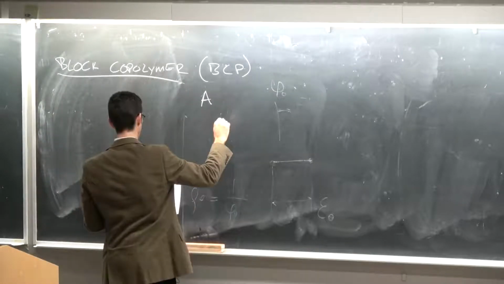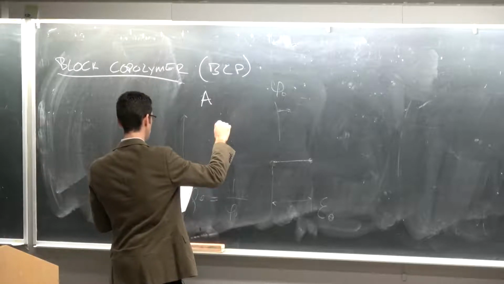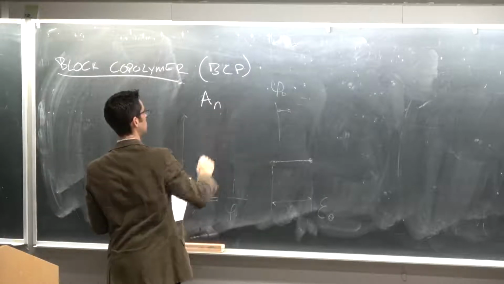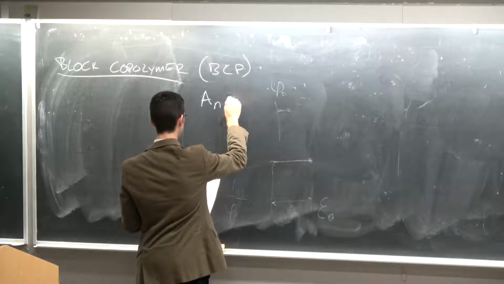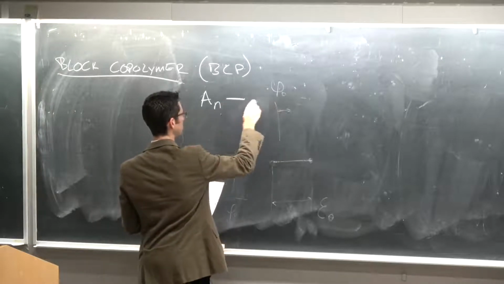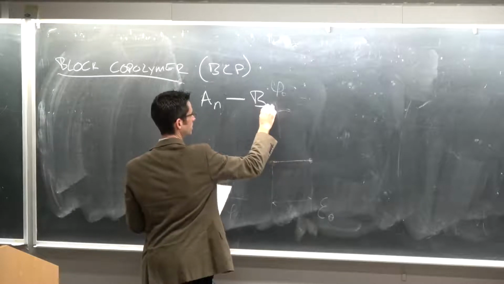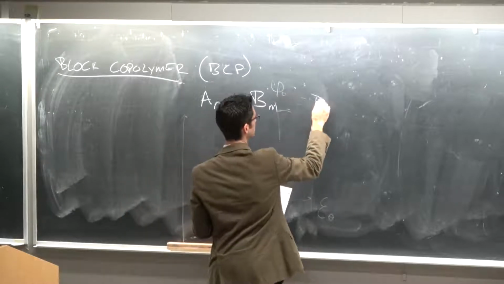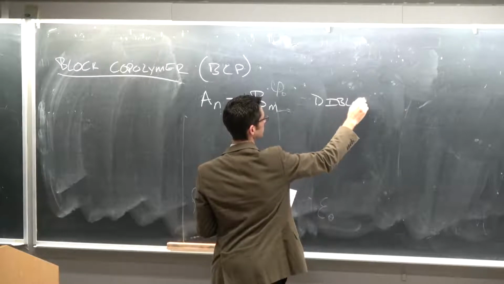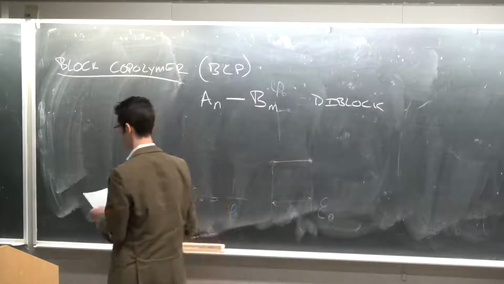So we usually draw this, or we indicate this as A with N units and B with M units, and this is a block copolymer.